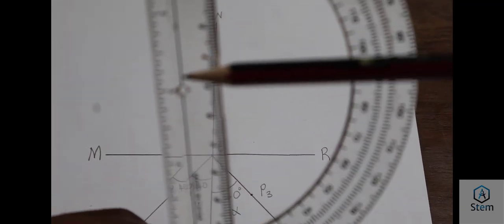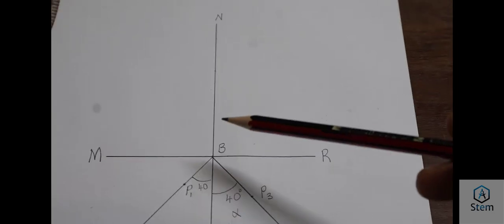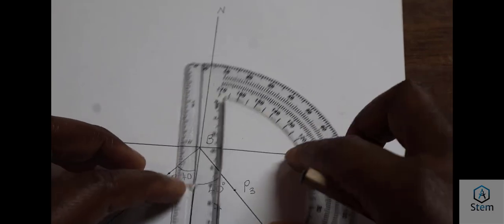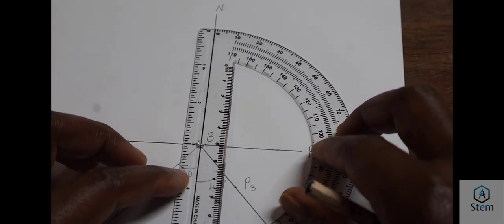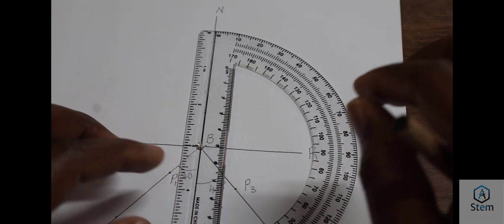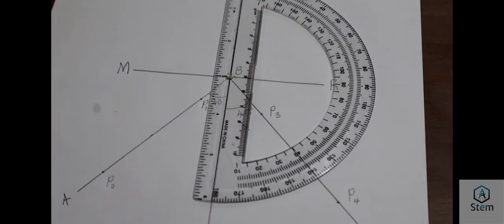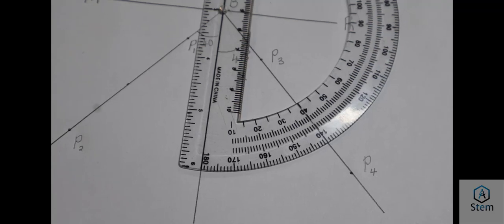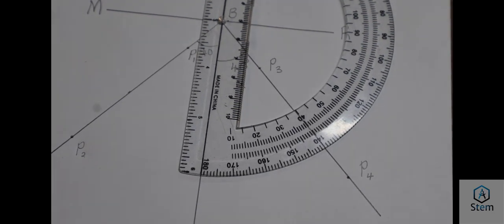This line here, it must be flush over this NL. There we go. All right, so there is our angle alpha. I can't zoom further, but there is our angle alpha.